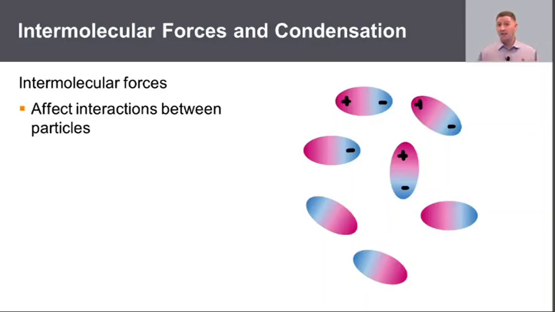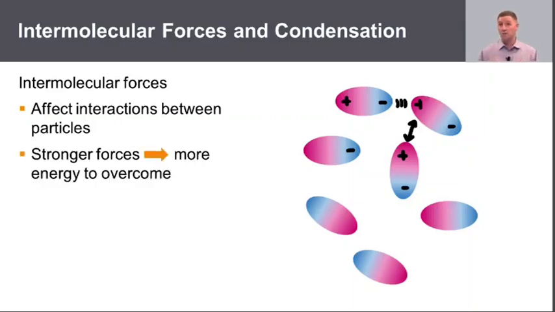Well, because they have different dipoles, this can affect their interactions, how the molecules move and associate with each other. You can have attractions between the molecules, and you can have repulsions between those molecules.